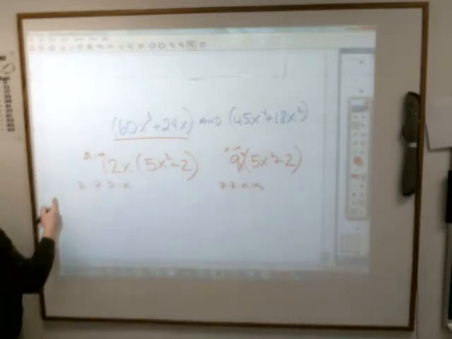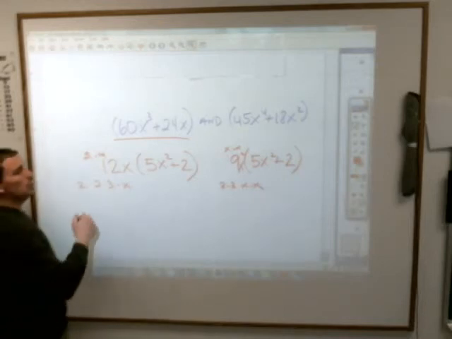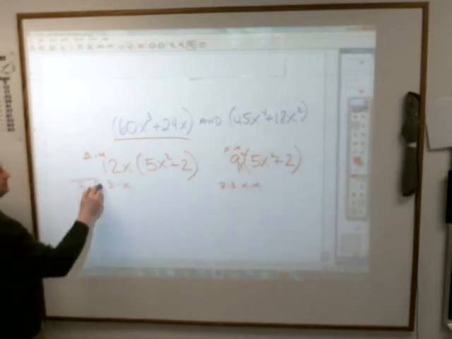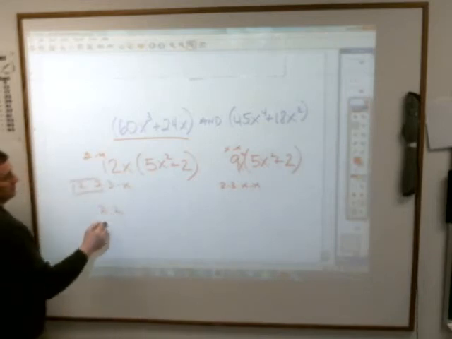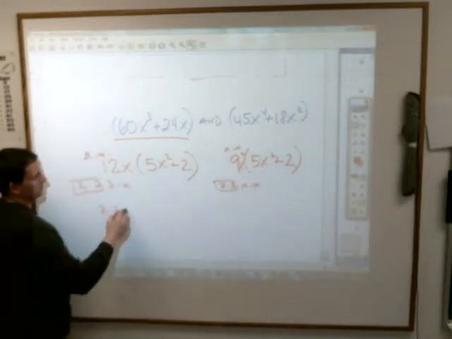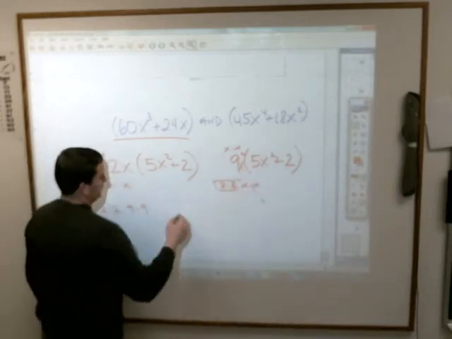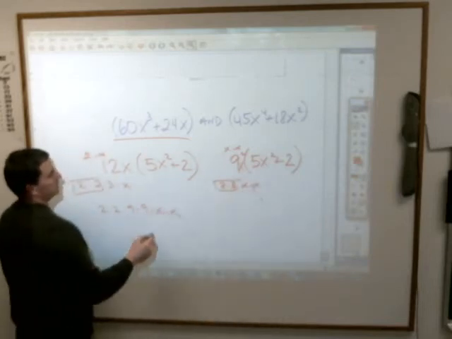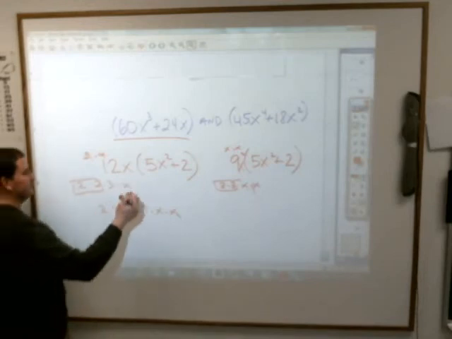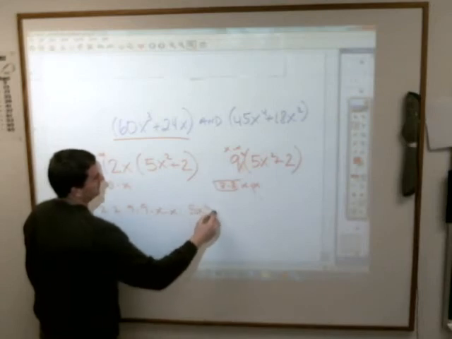Did I do this right? So now, which group has the most 2's? This one. Which group has the most 3's? This one. Which group has the most x's? This one. And which group has the most 5x squared plus 2's? They both have 1, so you take just one, 5x squared plus 2.